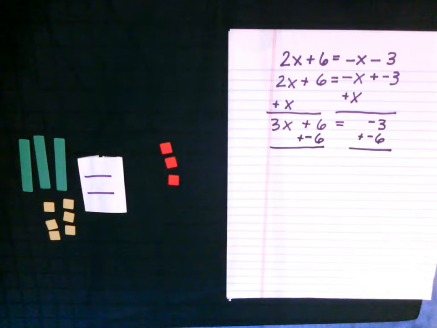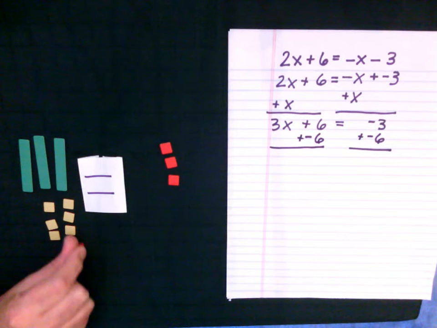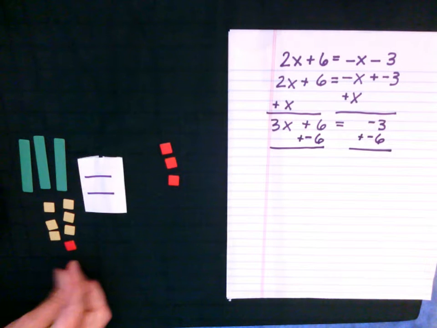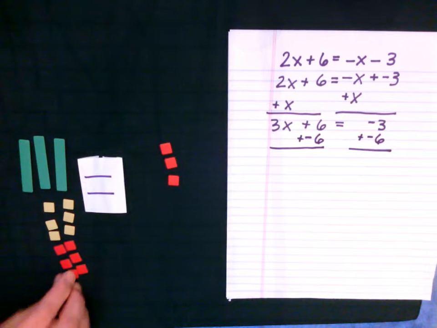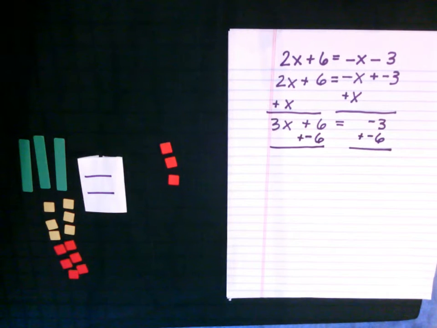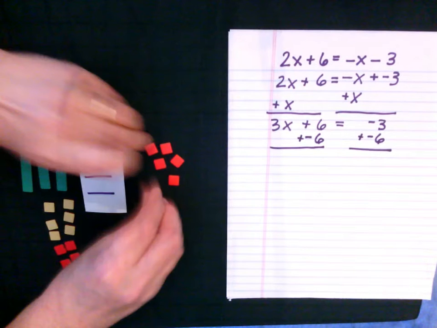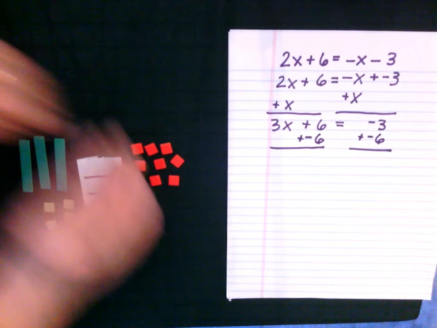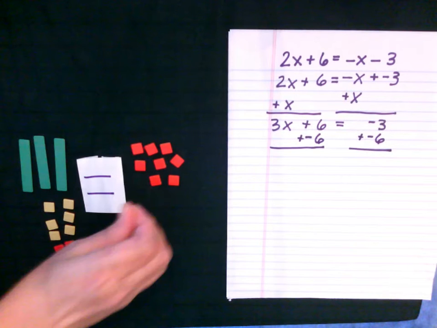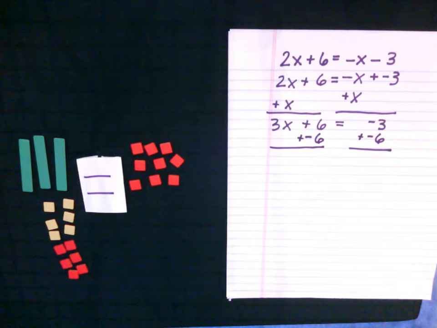So let me get my tiles. Put these negative 6 tiles on each side. Okay, and there again, I still have a balanced equation because I added the same amount to both sides.